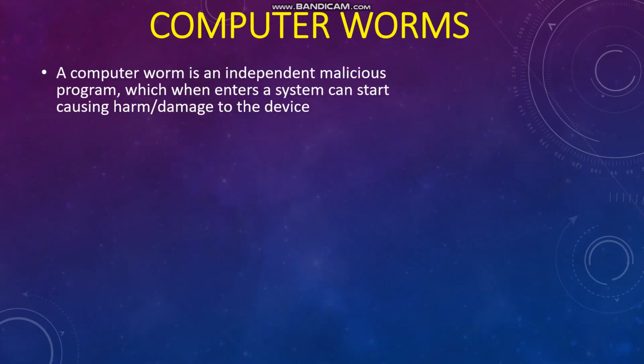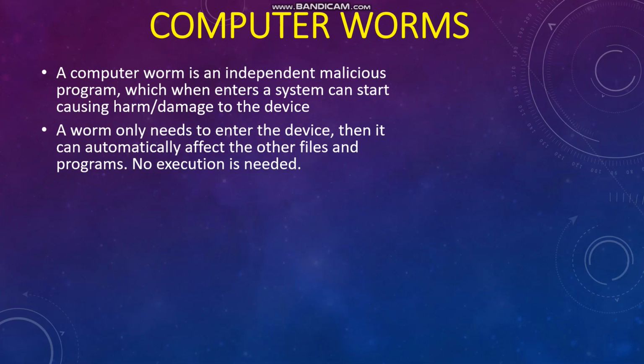Computer worms. A computer worm is an independent, malicious program which, when it enters a system, can start causing harm or damage to the device. A worm only needs to enter the device, then it can automatically affect the other files and programs.